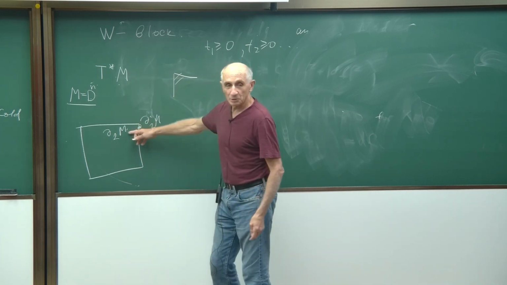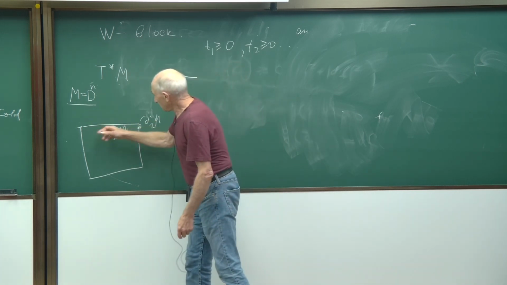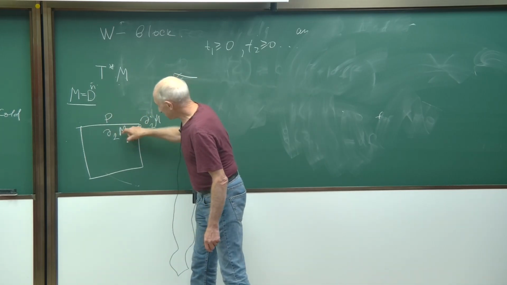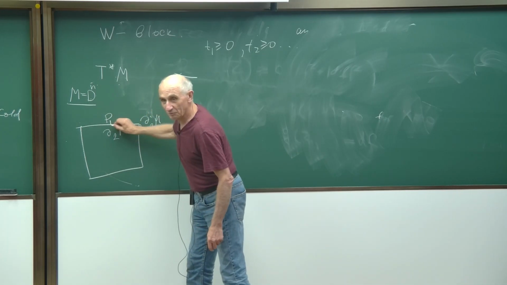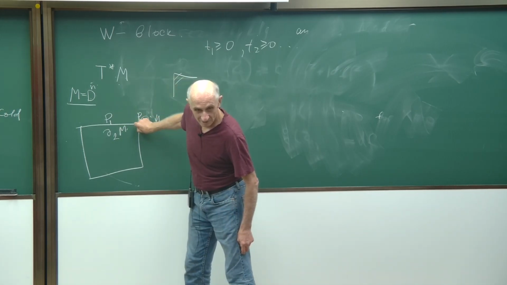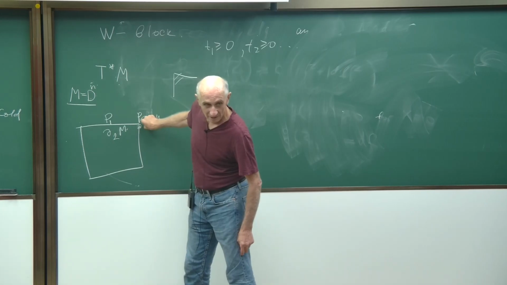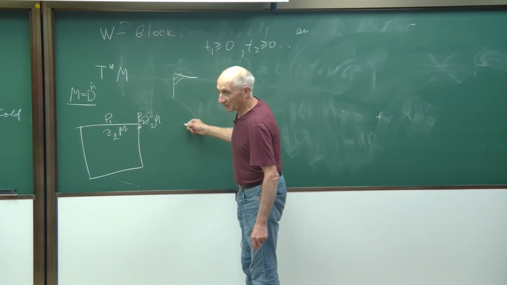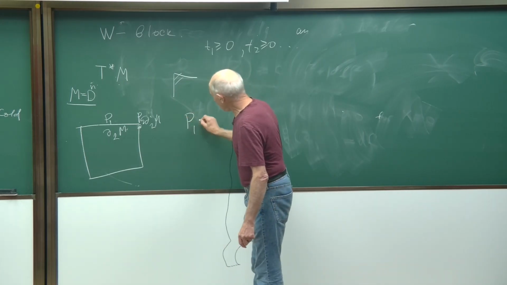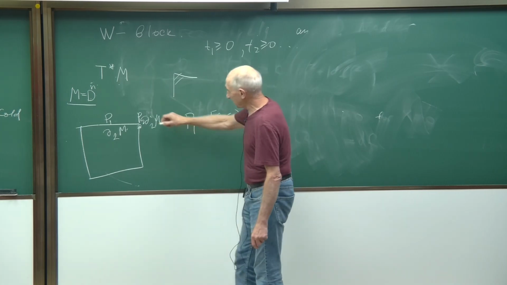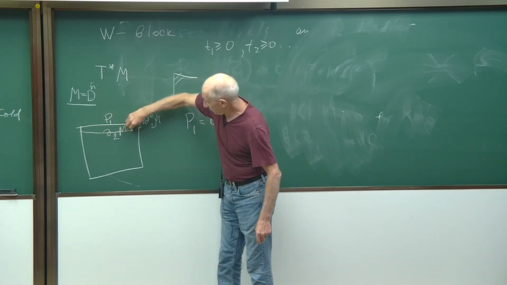And near D1M you have what we call a one face. Call this P1, the one face. This vertex is P2, the two face. Near a one face, my manifold looks like P1 times a neighborhood, times (0, epsilon).